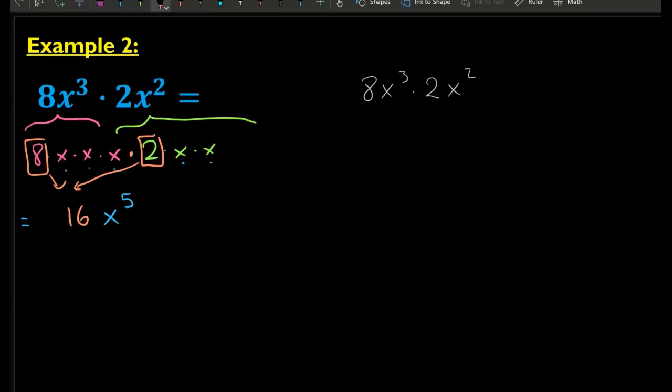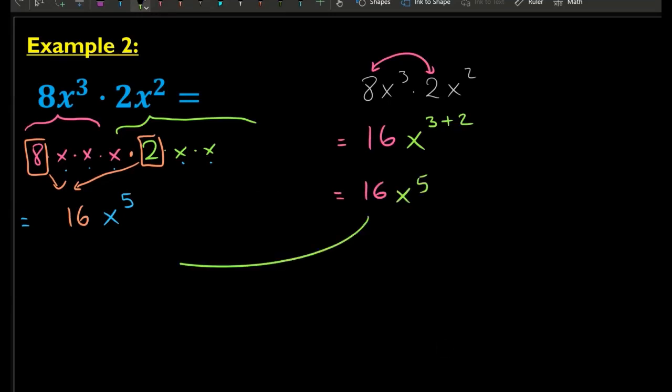We multiply the whole numbers together, the coefficients. 8 times 2 is 16. And then we look at the x to the third power plus 2. So that will give you 16x to the fifth power, which also matches our previous answer.